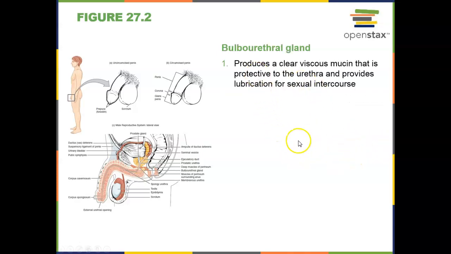And then the bulbourethral gland produces a clear mucus that protects the urethra, but also provides lubrication for sexual intercourse, so that typically when a male is aroused, there will be liquid at the tip of the penis. That is secretions from the bulbourethral gland.